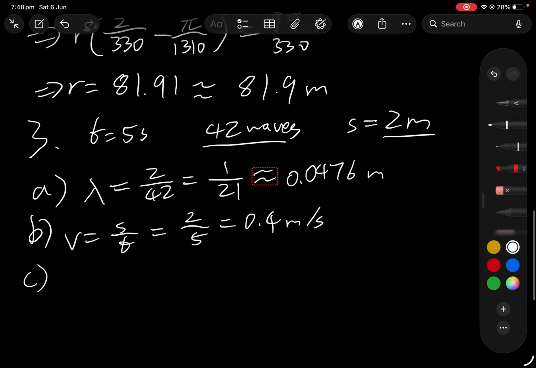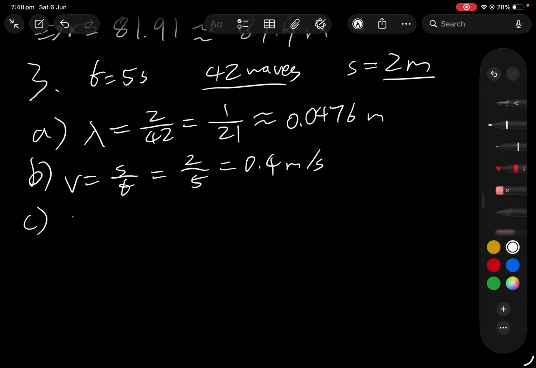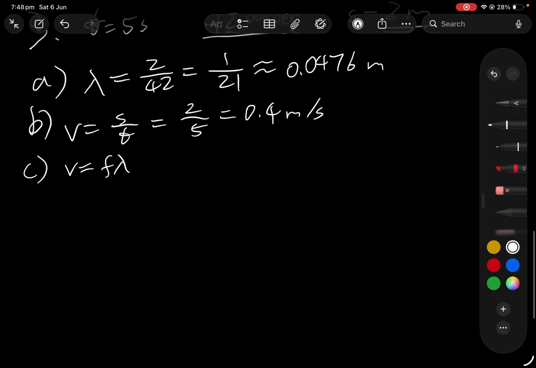And for part C, we want to find the frequency of the ripples or the waves. Because v equals f lambda, that means frequency equals v over lambda.